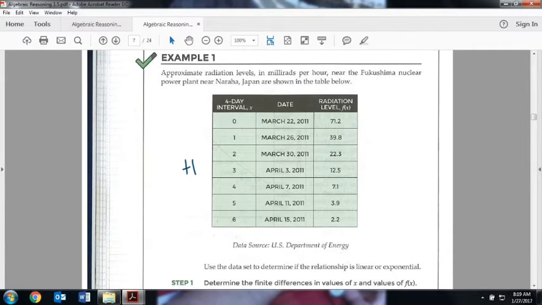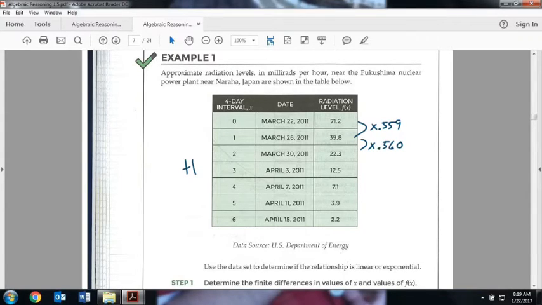So if it doesn't add up the same, if it's not the same plus or minus, it's not linear. So we'll try the ratios. 39.8 divided by 71.2, we get 0.5589. So I'm going to do 3 decimal points for this, so that's 0.559. 22.3 divided by 39.8, we also get 0.560.